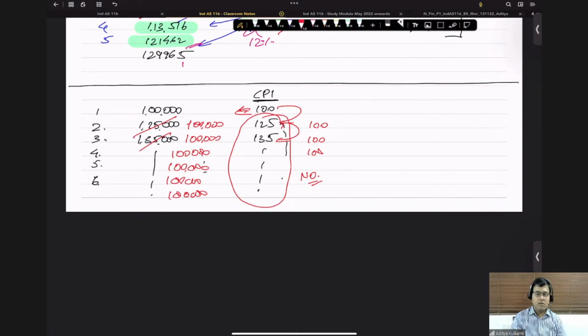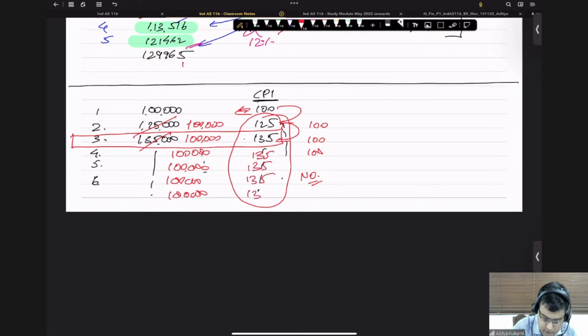Later on, whenever the cash flow changes, suppose it changes here in the third year, you will take it as 1,35,000, and then every year after that, the inflation factor will be 135, and then you continue. In year 5, suppose it becomes 146, take 146 and complete. That is how you are going to do the calculation.